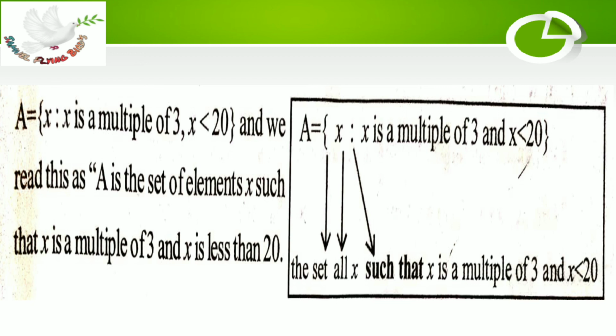We read this set as: A is the set of elements x such that x is a multiple of 3 and x is less than 20.